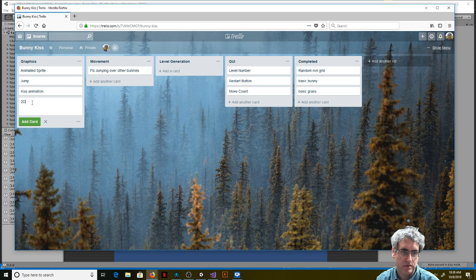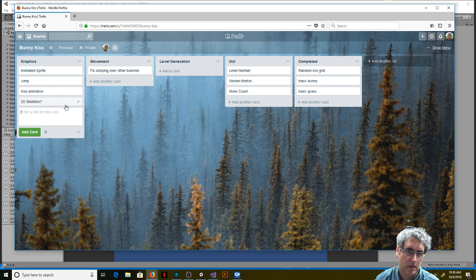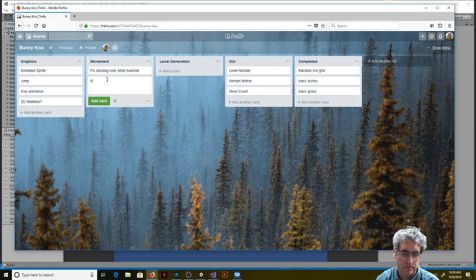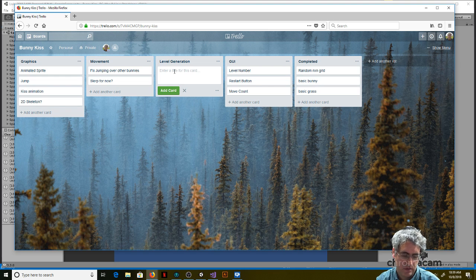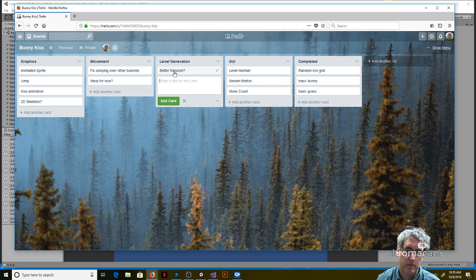Do I want to do some kind of 2D skeleton system? I've never learned about that. I want to learn about it. Movement. Should we make them slurp for now? And level generation. You want to have a better algorithm for randomness, or what else can we do?